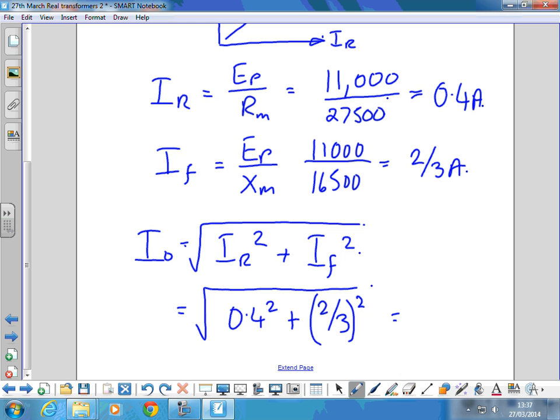Although you write down a rounded answer, carry the full answer through if you're worried about rounding. What did we get then? 0.78 of an amp. So that's the current that would flow in the primary side of that transformer under open circuit conditions.